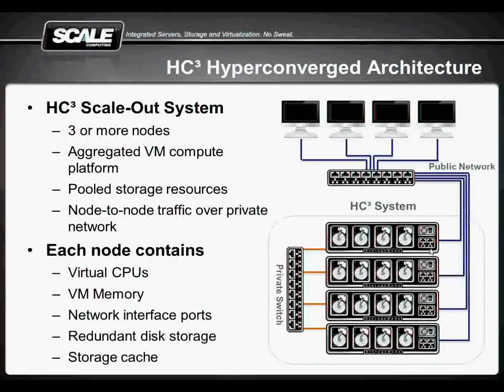A series of 1U commodity x64 nodes, each node containing cores, RAM, spindles, NICs, built and architected together in such a way that they are aware of everything going on every other node in that cluster.